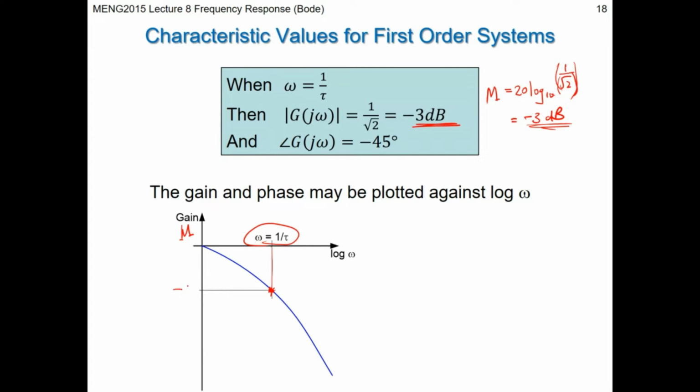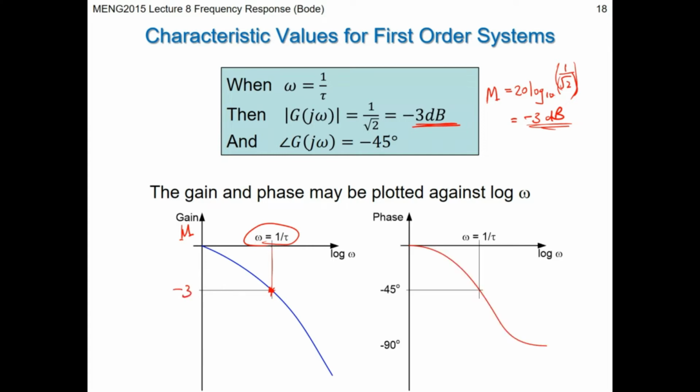This is going to be minus 3 decibels gain. And we're also saying that at this frequency, omega equals 1 upon tau, for a first order lag, just a very simple little system we have here, our phase is going to be minus 45 degrees.